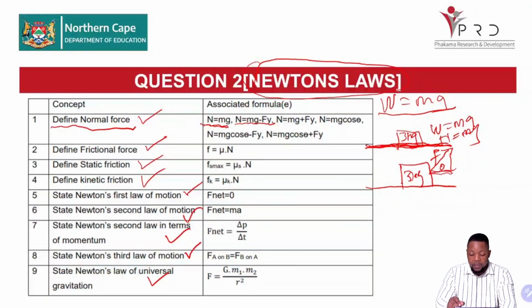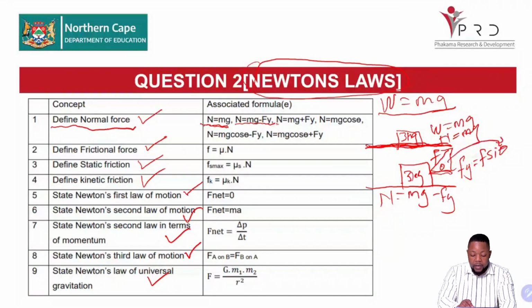So we will see that this force will pull this object vertically with a component that is equals to Fy. Then here, when we calculate the normal force, we're going to say normal force is equals to mg minus Fy, where our Fy is equals to F sine theta. So the theta that we are referring to is that one.